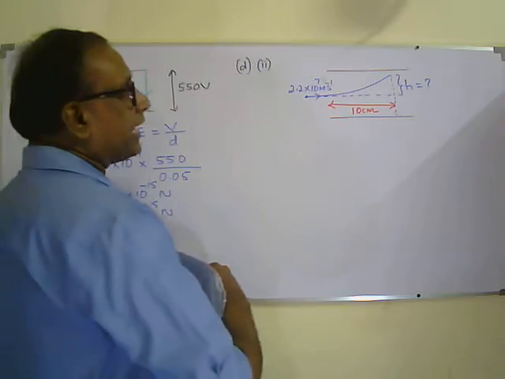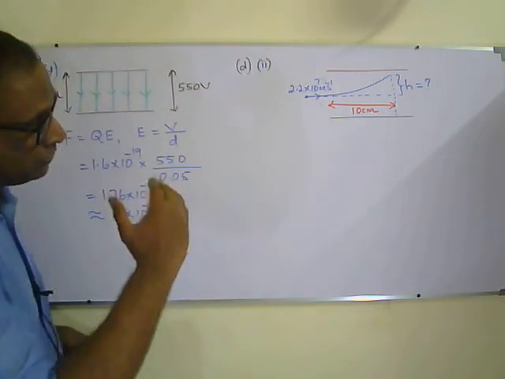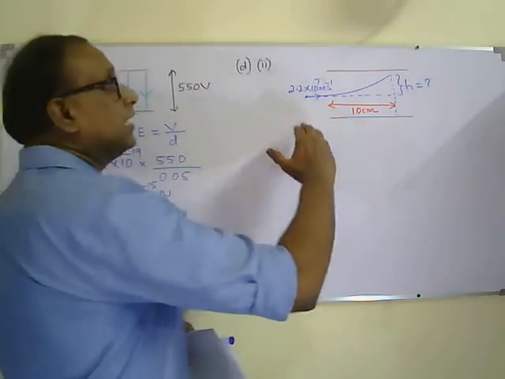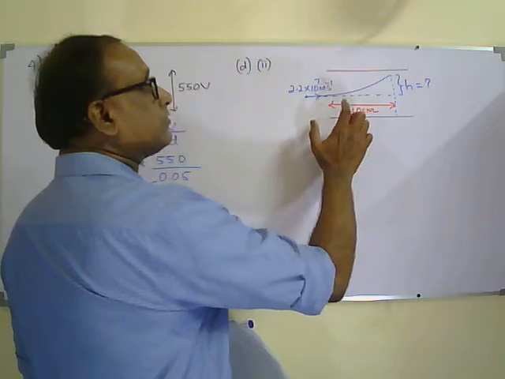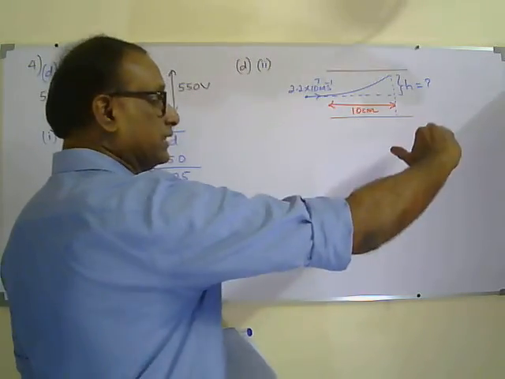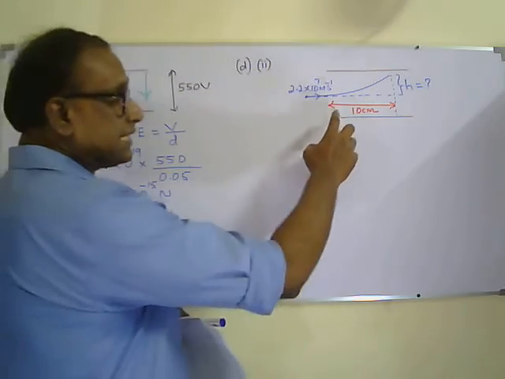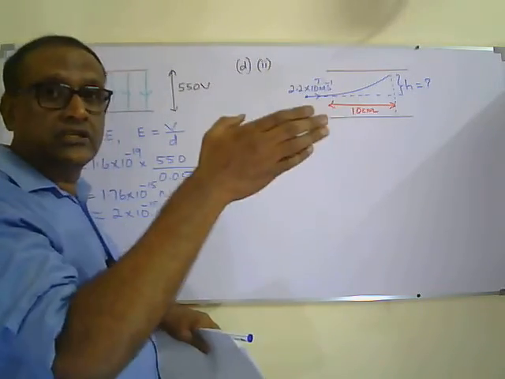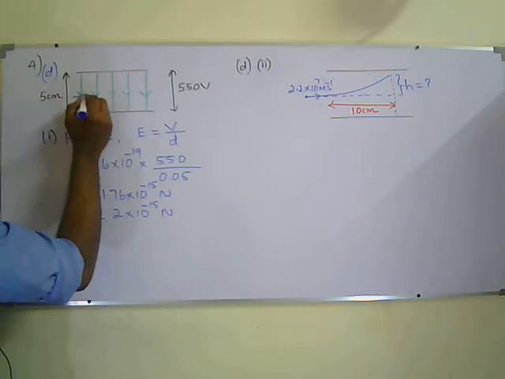I can find the time taken to complete a displacement of 10 centimeters parallel to the plates. That means I'm considering the distance of 10 centimeters perpendicular to the field lines. I drew the field lines like this, so the electron is bending like this.